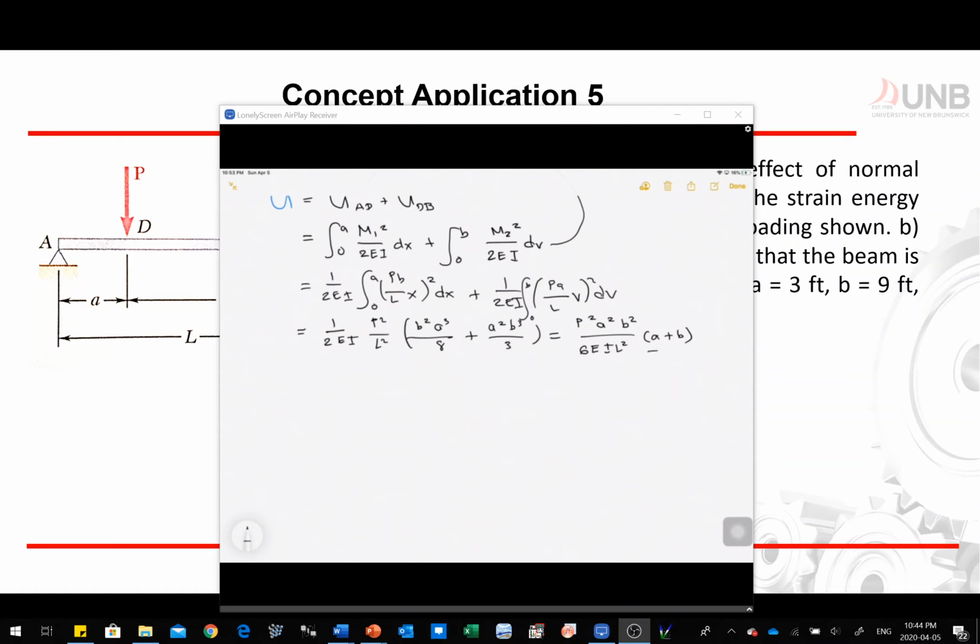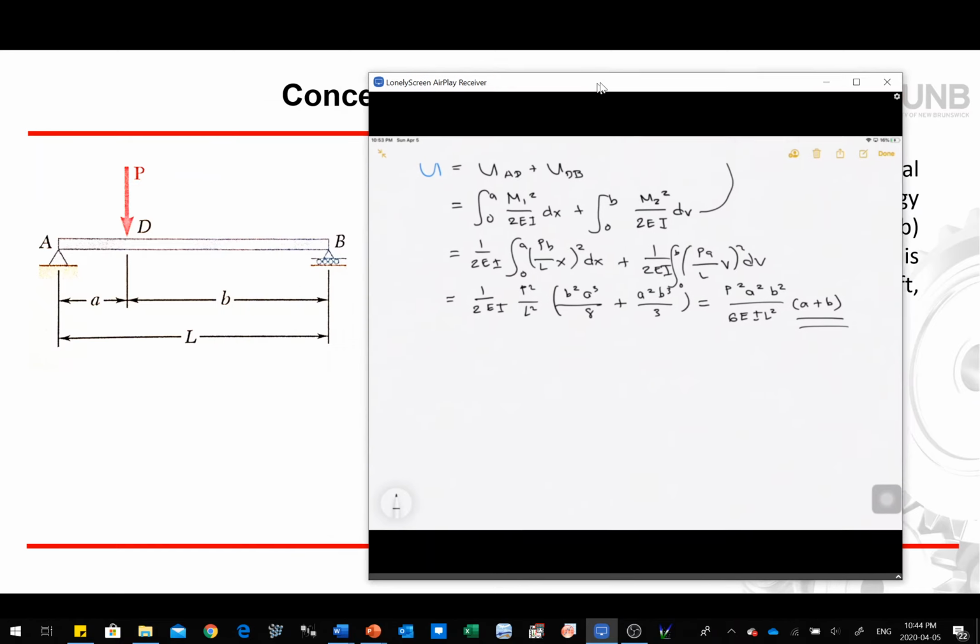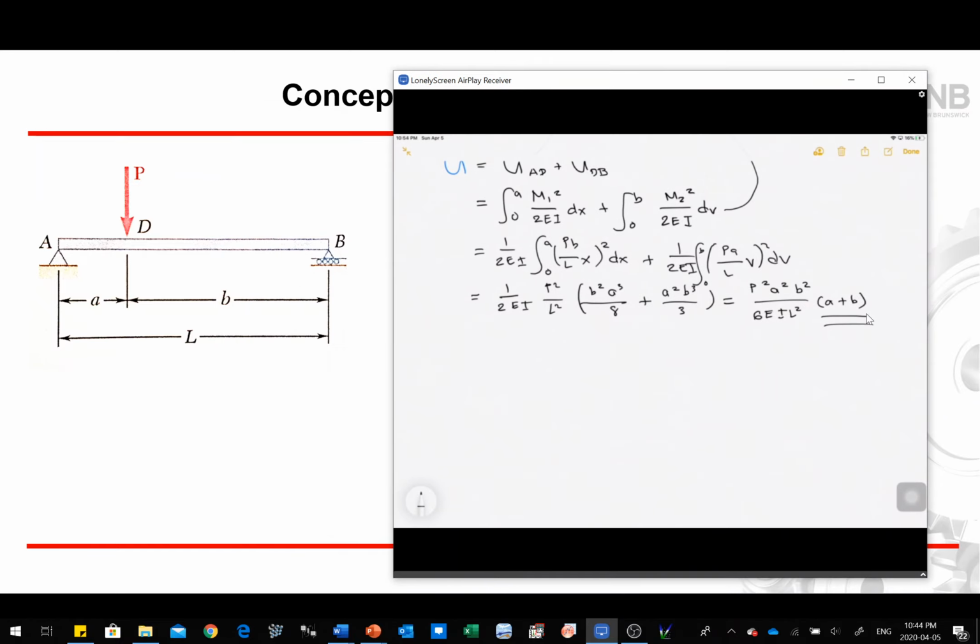Now take note that A plus B right there, if we're going to go back to our problem, A plus B is also equal to L, which means I can cancel A plus B and remove that square right there. So I can simply say that my strain energy is equal to U equals P squared A squared B squared divided by 6 EIL. So again, it's because of this one that's equivalent to L.